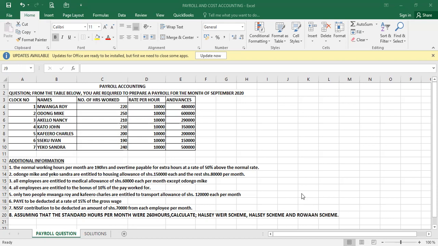Of course, these advances you can't fail to find, because at the end of the month some people have already taken out some money, as a prepayment or payment in advance before they receive the salary. Someone may go and ask for an advance if that person is in need.